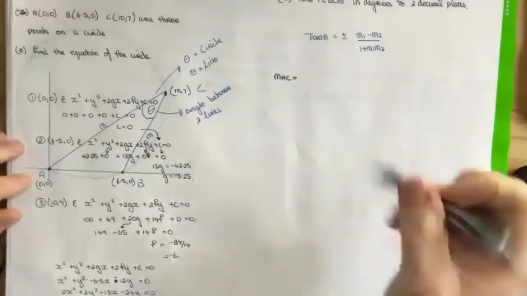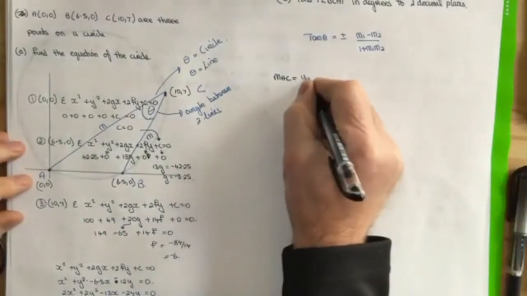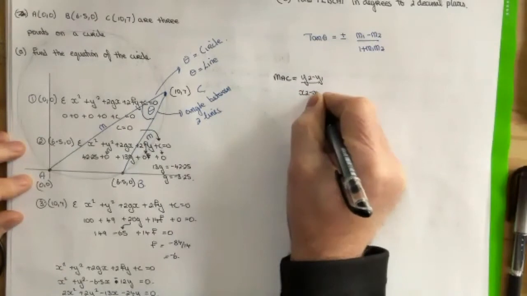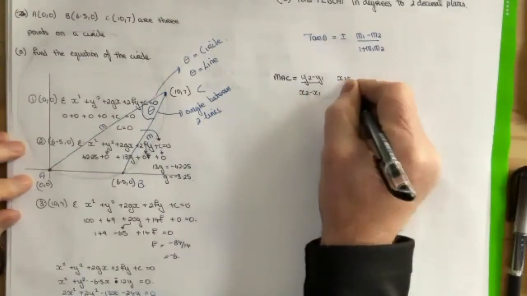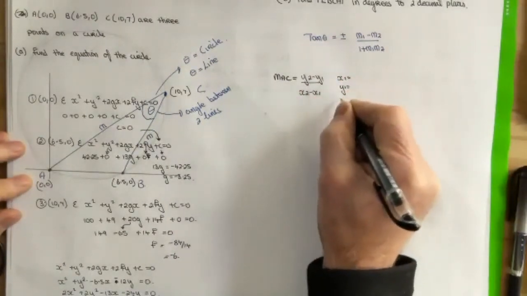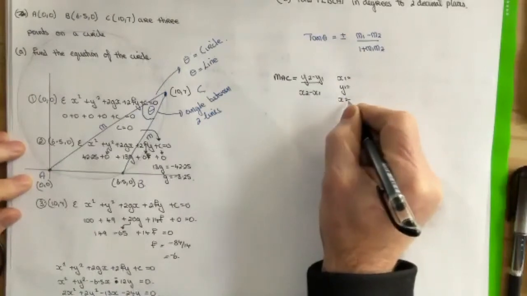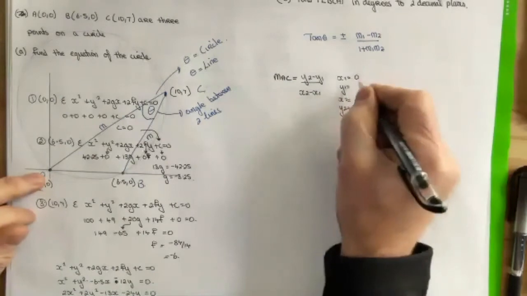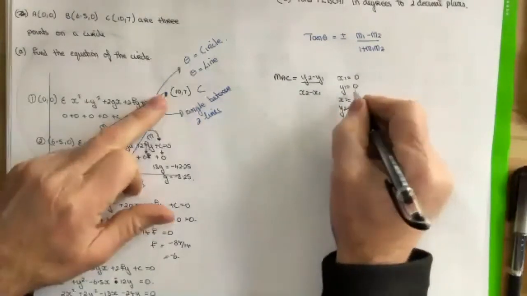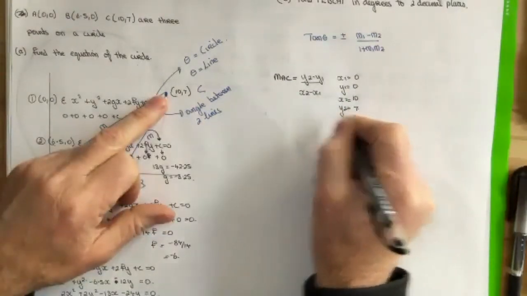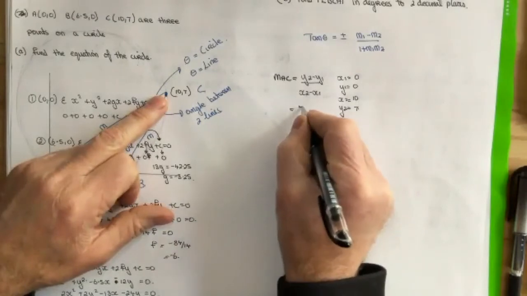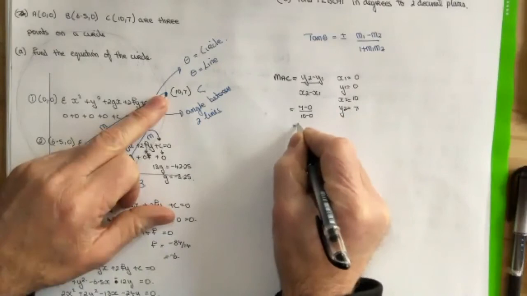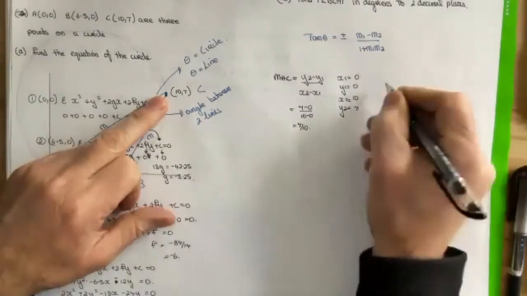The slope of AC is y2 minus y1 over x2 minus x1, where the points are (0, 0) and (10, 7). It's equal to 7 minus 0 over 10 minus 0, which is 7/10.